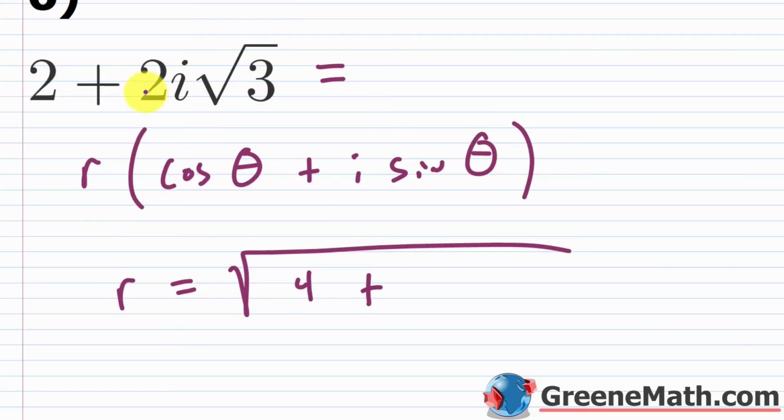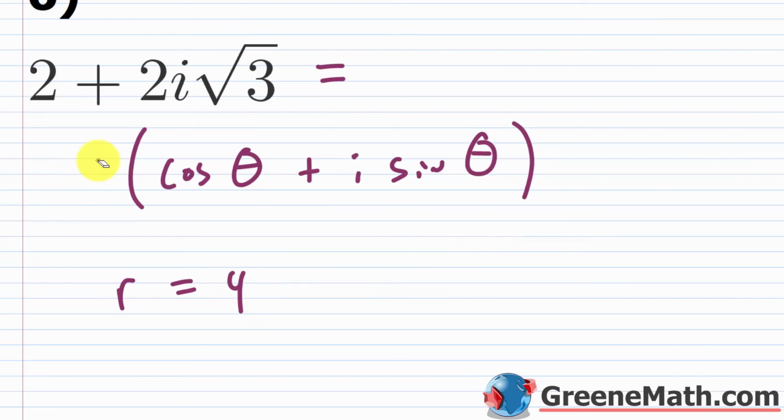Here it's tricky. You have this 2i times square root of 3. Take everything away that's not the i, okay? So you want 2 times square root of 3, and you're going to square that. 2 squared is 4. Square root of 3 squared is 3. So 4 times 3 would be 12. So this right here would be 12. 4 plus 12 is going to be 16. And so the square root of 16 we know is going to be 4. So we can just put this in here as a 4.